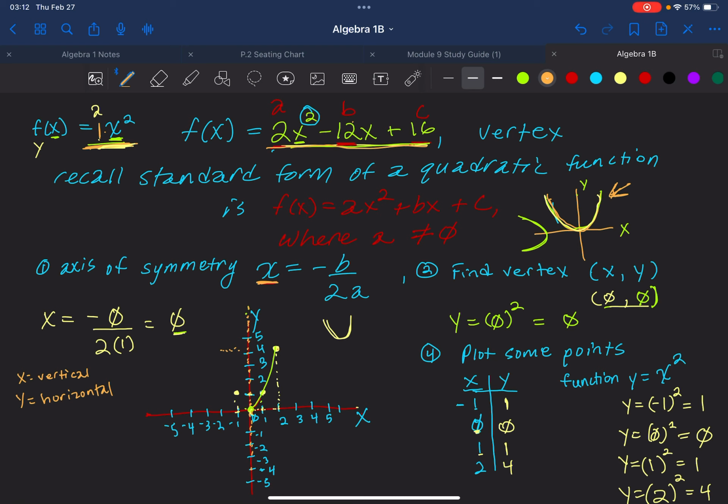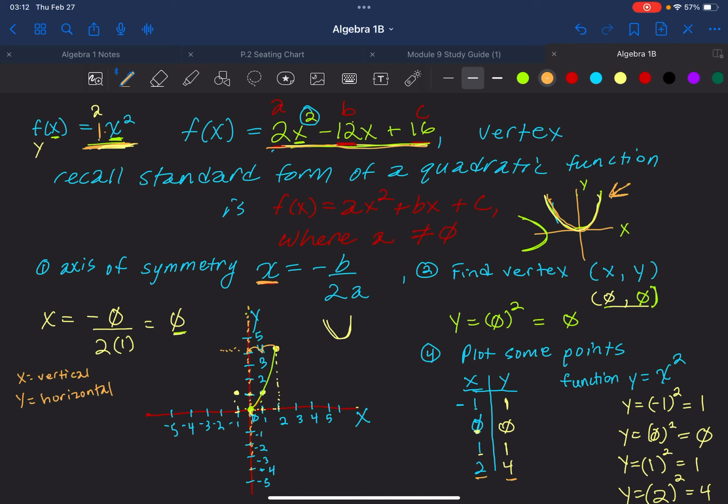So for my point, 2 for x, 4 for y, I'm going to apply that 2, 4. From the axis of symmetry, I'm 2 units over, 1, 2. So then apply the same point, because it has to be the same distance on both sides of the axis of symmetry for my graph. I just go over 2 points.